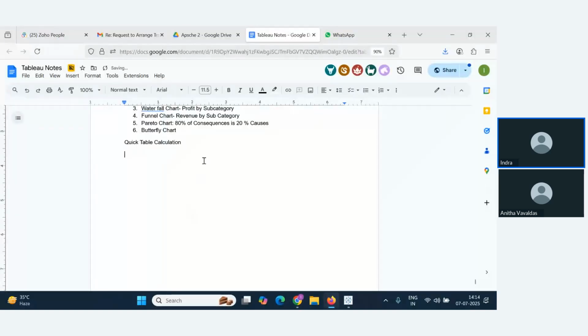Let's start with types. So the first is running total. Now, what do we mean by running total?